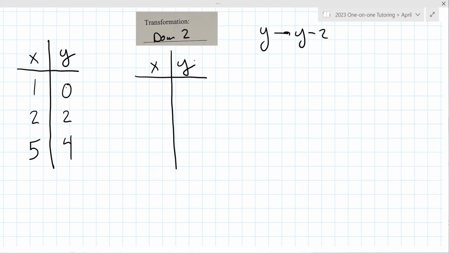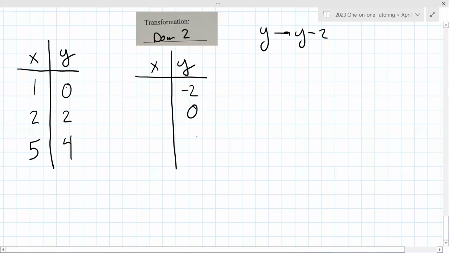Okay, what are your answers? 0 minus 2 is -2. 2 minus 2 is 0. 4 minus 2 is 2.